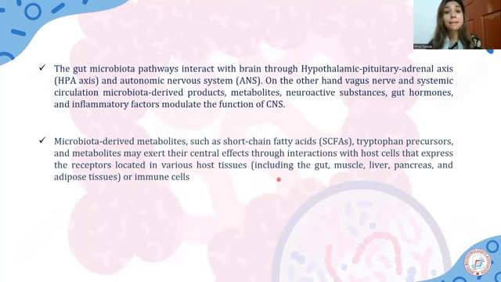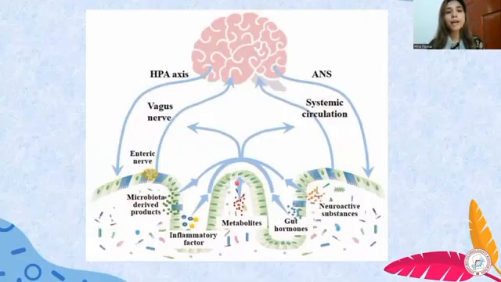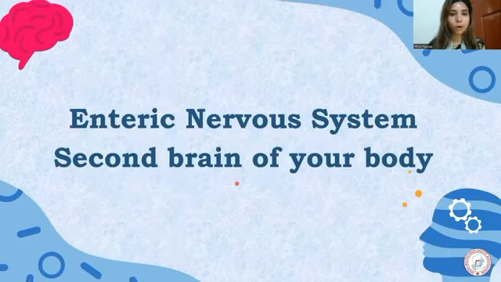Tryptophan is an amino acid used as a precursor for many neurotransmitters like serotonin. Different metabolites also exert their effects through interaction with host cells, with signals sent to various tissues, for example gut, muscles, liver, pancreas, adipose tissue, or immune cells. In this manner, the relationship between your brain and gut exists in your body.